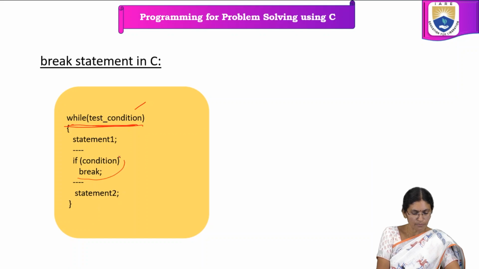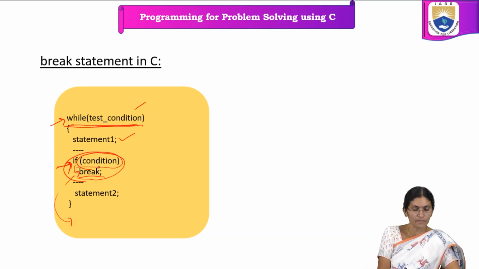Next, if we put a break statement here, let us see the execution of this. If there is a break statement here, then if this condition becomes true, followed by this we have the break statement. Whenever the compiler sees break, control is automatically transferred out of the loop.